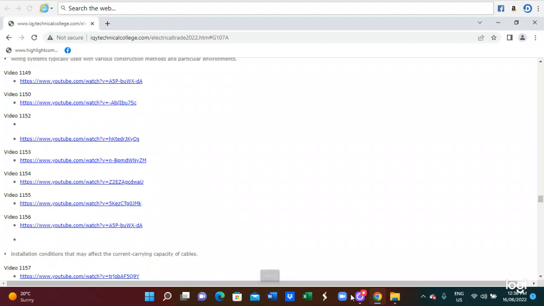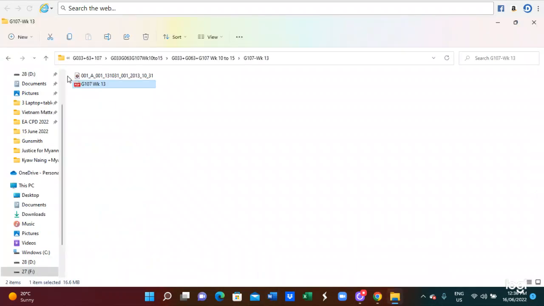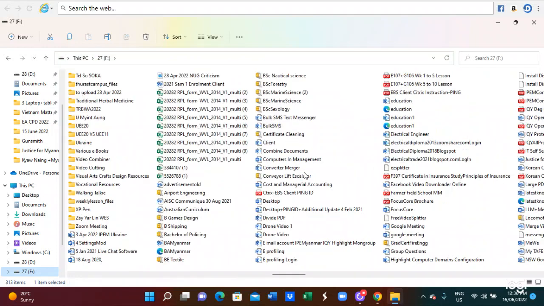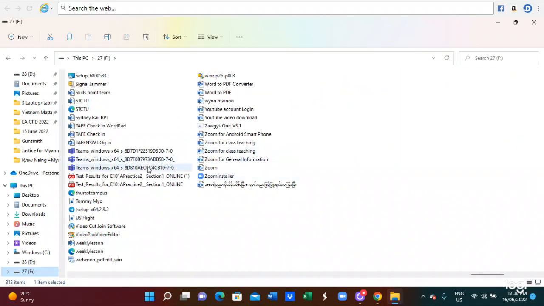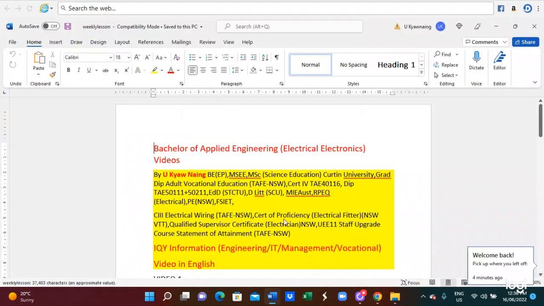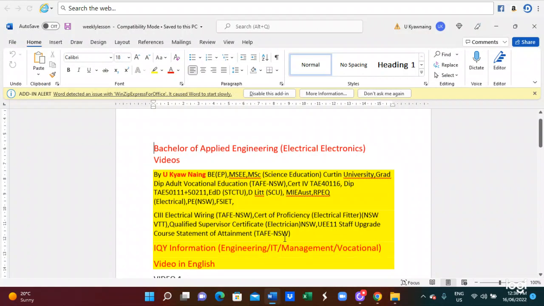The G107 workbook has to be studied. So this is the way for G107.